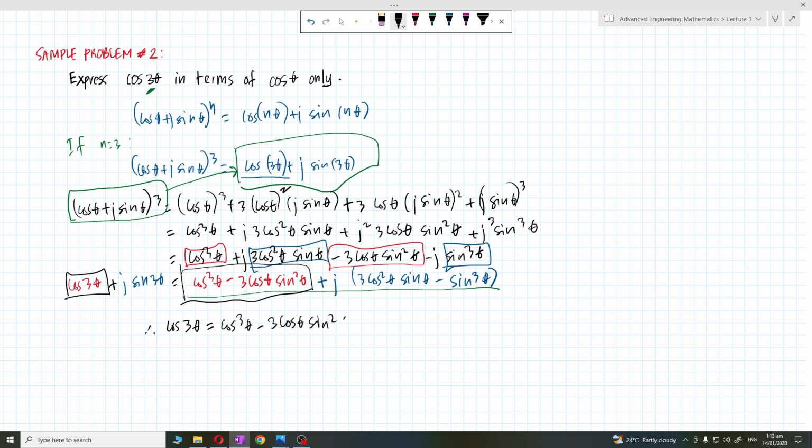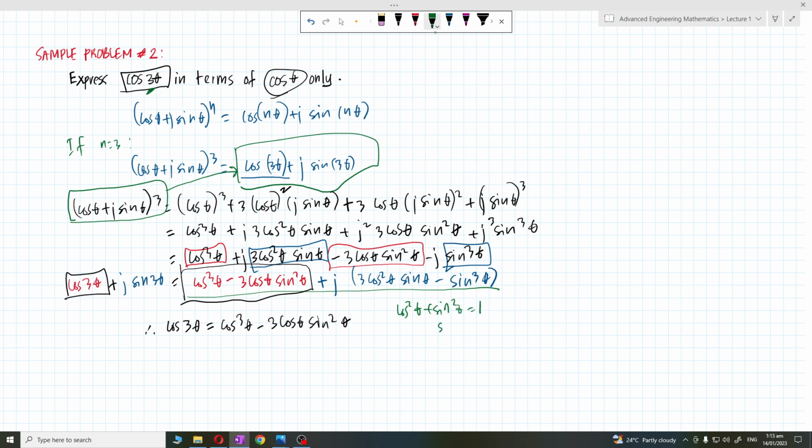But the required answer is to express cosine 3 theta in terms of cosine theta only. So from the Pythagorean theorem, remember, we have cosine squared theta plus sine squared theta is equal to 1.